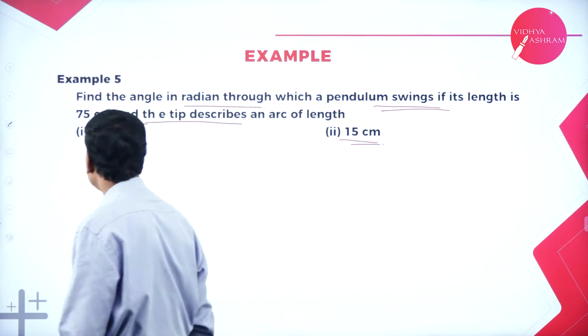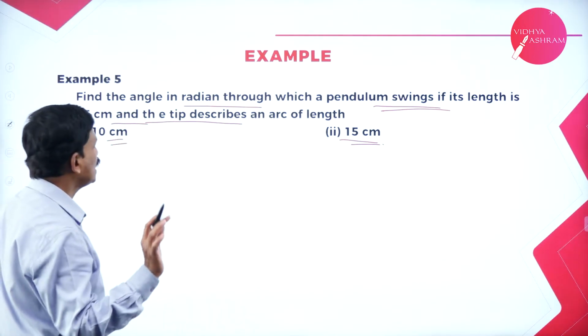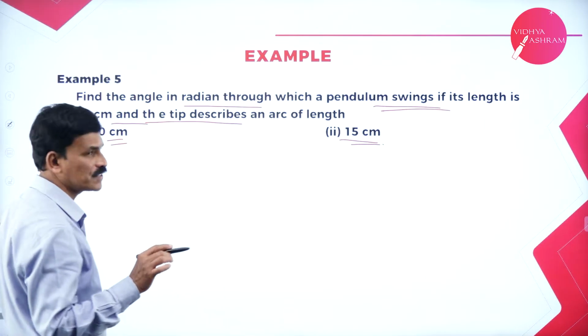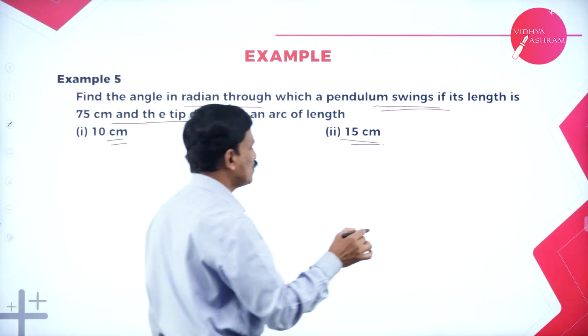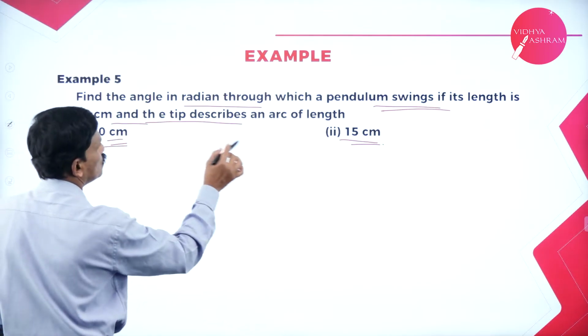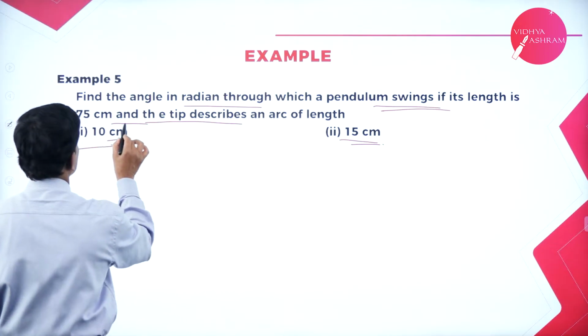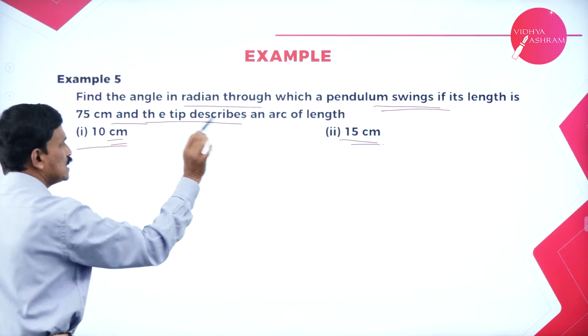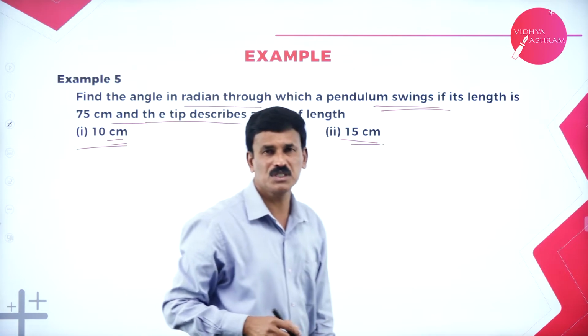Two questions are given here. Let us come to the first one. The length is 75 centimeters and the tip describes an arc length of 10 centimeters and 15 centimeters.